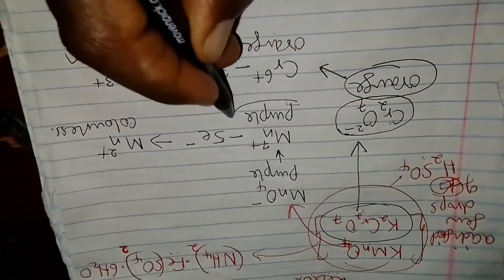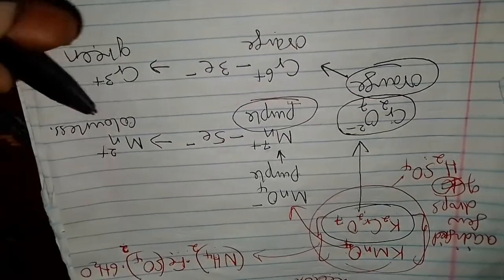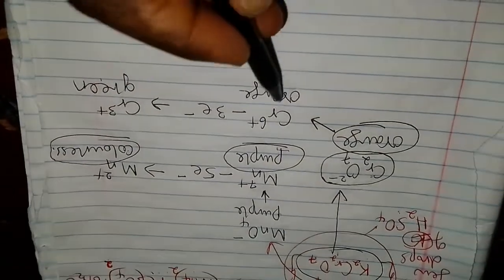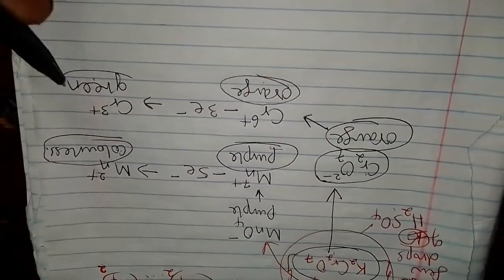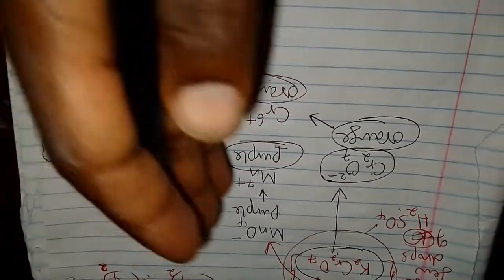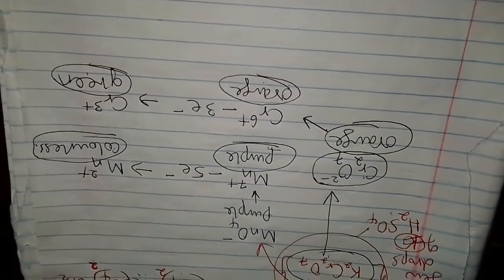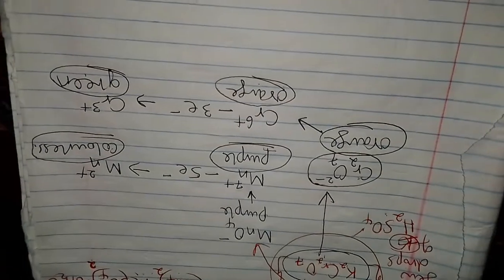So for example, the purple color disappears to form a colorless solution. The orange color disappears to form a green solution. The change in color will tell us that the reaction has come to an end. So no indicator is needed to show the end point of the reaction.